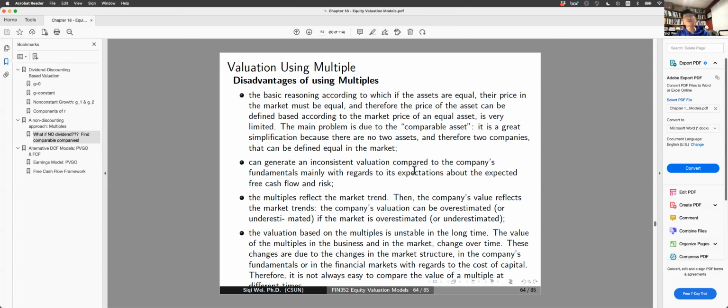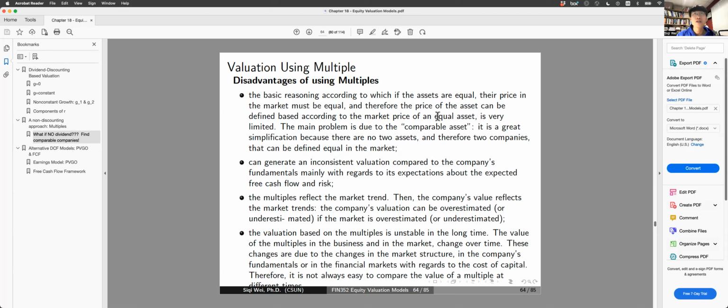Before I move on to the third analytical framework, I want to mention the advantage and the disadvantage of using multiples or financial ratios. One of the major problems is that you want to find out the benchmark PE ratio or benchmark ratio, right?